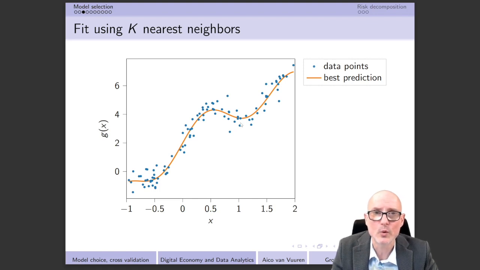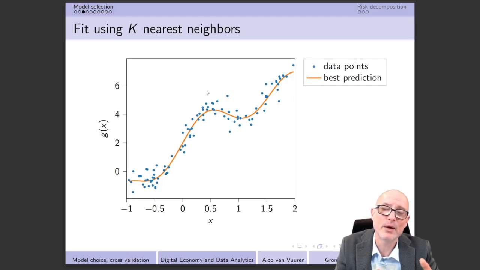On the other hand, at the moment that I have a situation in which k is quite large, for example k equal to 50, then I will use many observations, which means that the variance is going to be small, but the bias in that particular situation is going to be extremely high. And that implies that in order to get a best predictor, we should find a balance between the two.